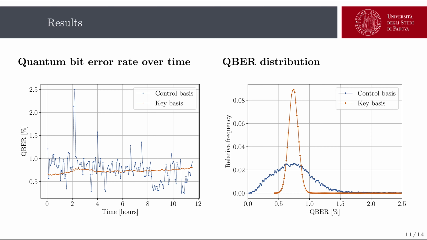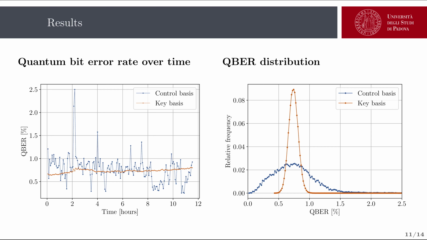Here in the plot on the left, the QBER fluctuations are reported. It is possible to see that the QBER in the key basis was way more stable than the one in the control basis, and this is due to the fact that the key basis didn't need any active compensation. And the same thing can be seen in the plot on the right, where the QBER values distribution is reported.